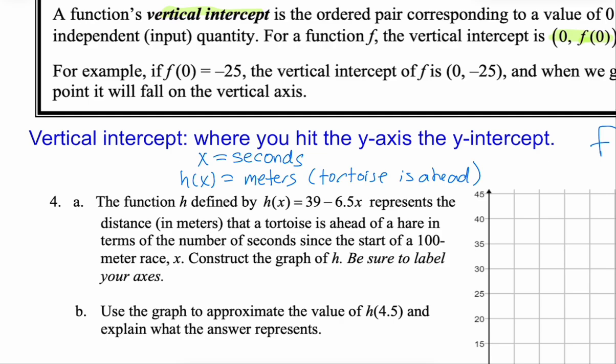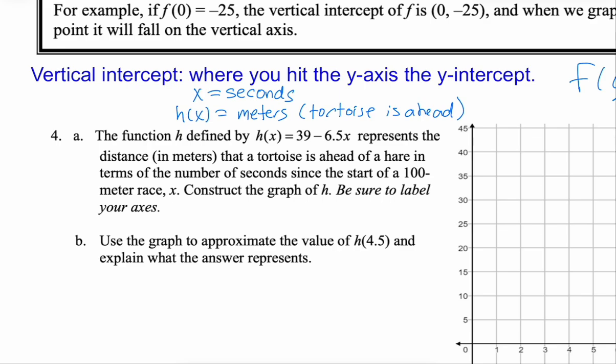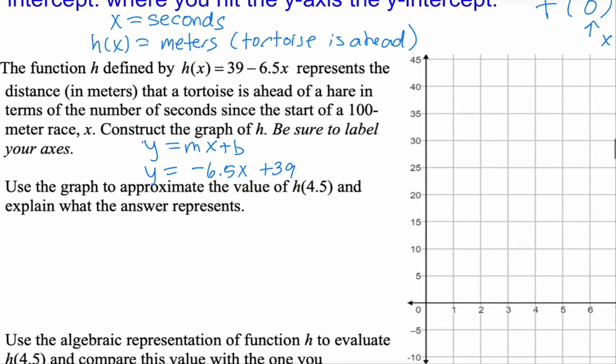Now, it says to construct a graph of h. Hopefully you recognize that that is a linear function that we could put into the form y equals mx plus b. So if we put it into that form, let's put the x term first, and then let's put our b, our y-intercept.